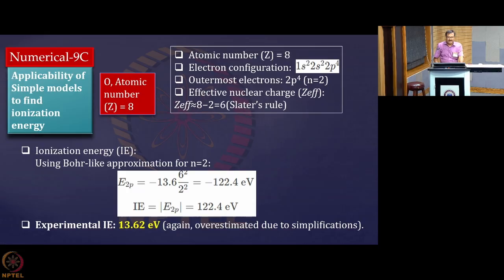What we find is that for a hydrogen-like configuration, it gives us the correct value of ionization energy, but for other cases, multi-electron atoms, because of the improper consideration of the shielding and repulsion, we are not able to reach the correct ionization energy using the simple Bohr model.